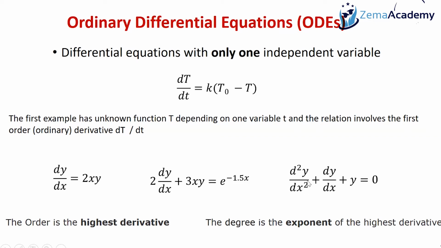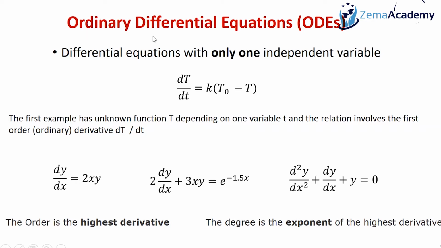Just to make this clear again, in this case it is first order, and the exponent of x and y is 1. Whereas in this case it is second order, and this square on dx square represents the exponent of the highest order.